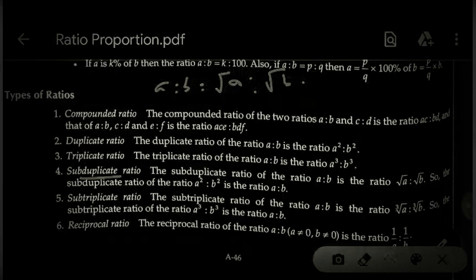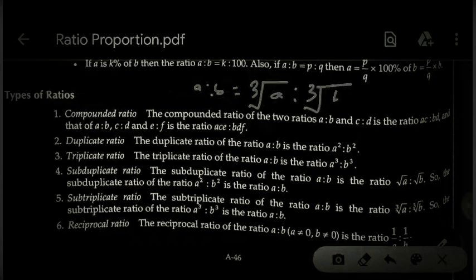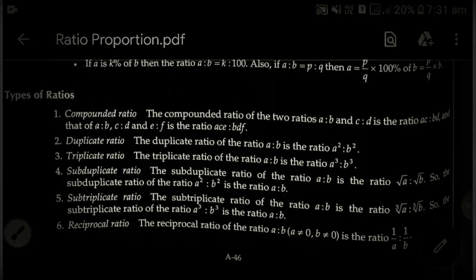And the subtriplicate ratio is nothing but, if a is to b, you write the cube root of a is to cube root of b. So the cube root is seen as a subtriplicate ratio.